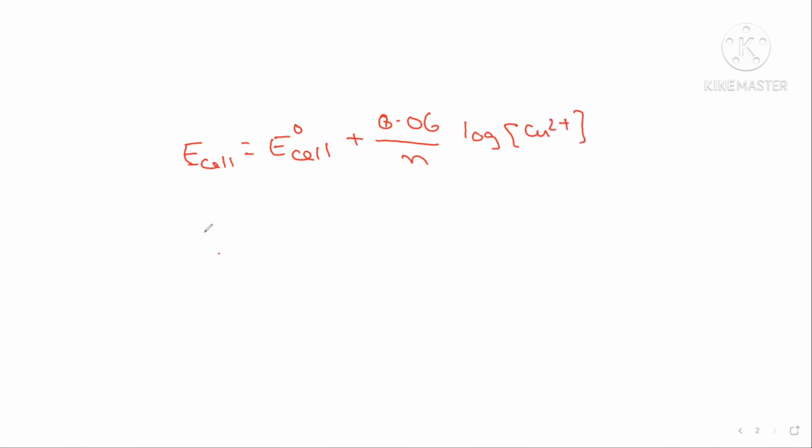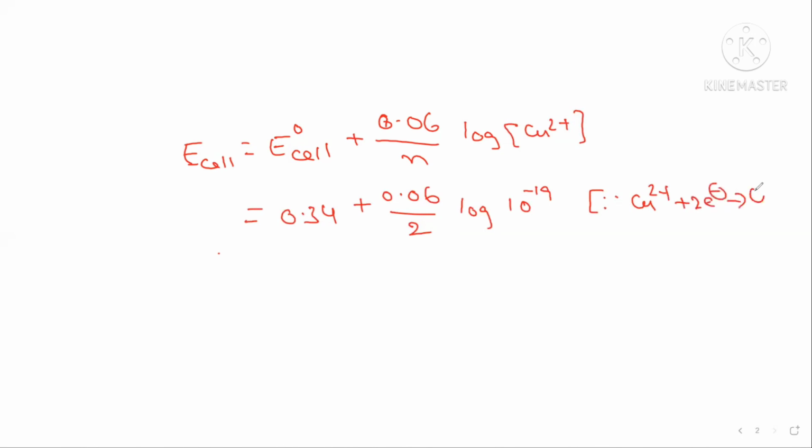E naught cell is given as 0.34. So Cu2+ to Cu, the number of electrons involved is 2. Logarithm of Cu2+ ion concentration is 10 to the power of minus 19, since Cu2+ plus 2 electrons gives rise to Cu. The answer after calculation is minus 0.22.